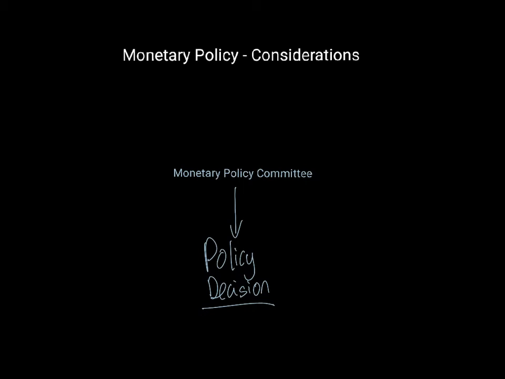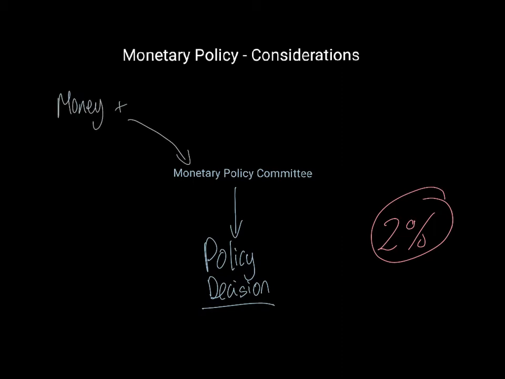Now, again, remember their target is this 2% inflation value. That's what they're aiming for. But actually there are lots and lots of things that go into the inflation outlook. So one of the things that they will think about is what's going on in the money markets and financial markets.